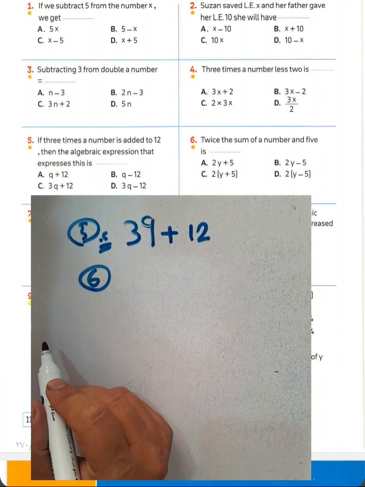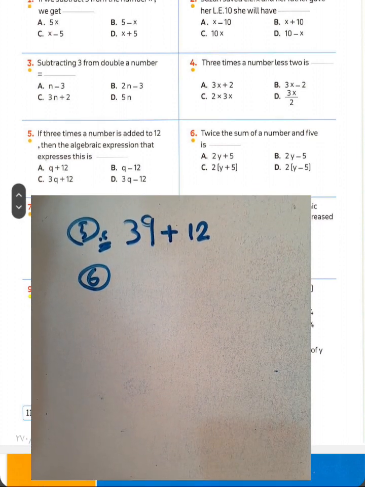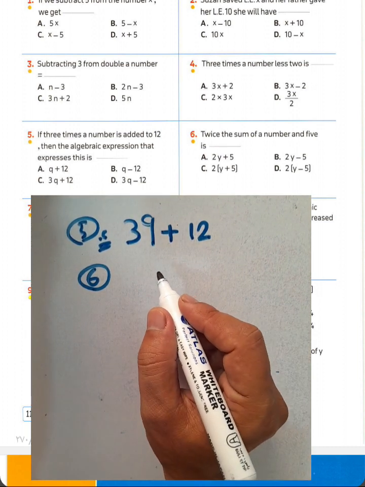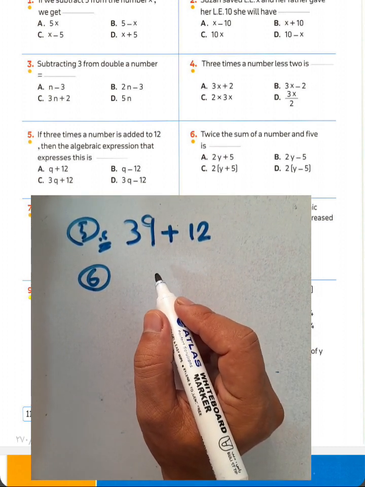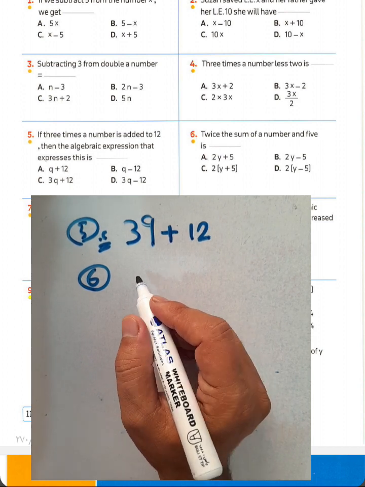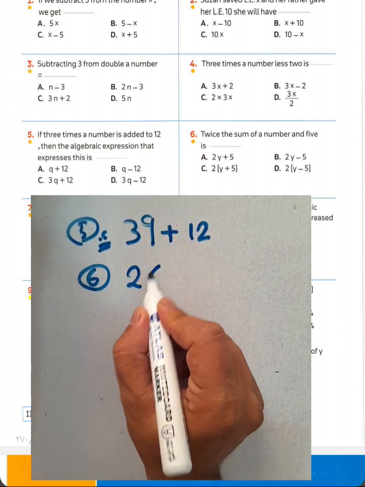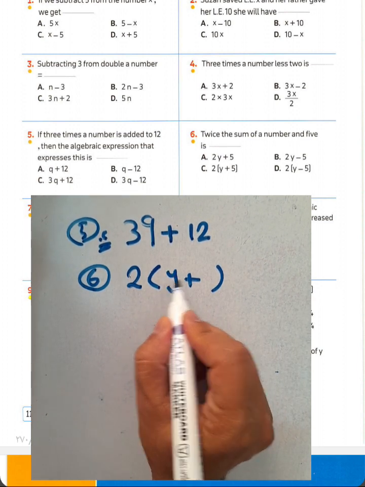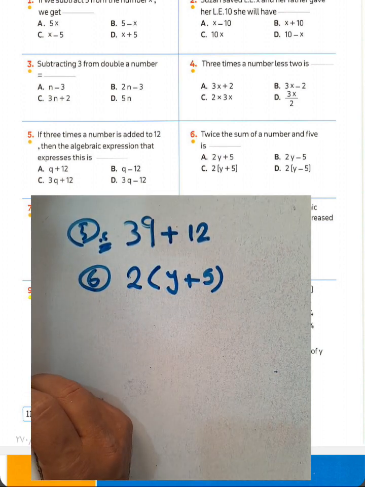Question number 6. Twice the sum of a number and 5. It will be twice multiplication, 2 multiplied by parentheses, and write in parentheses y plus 5.